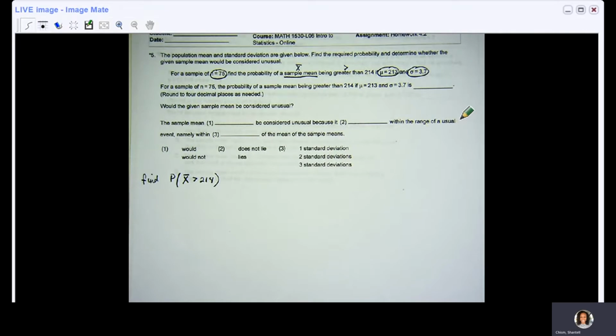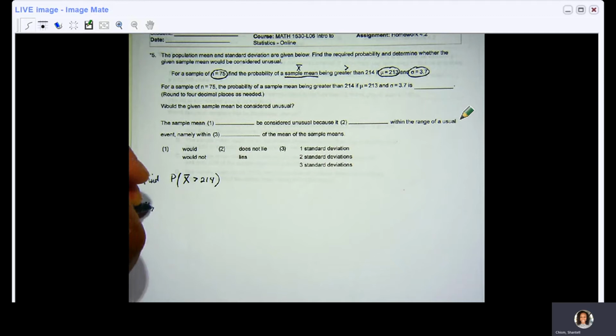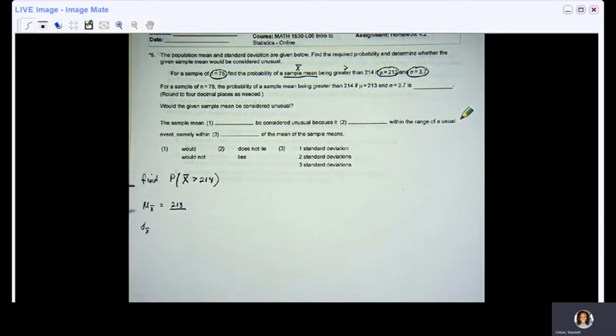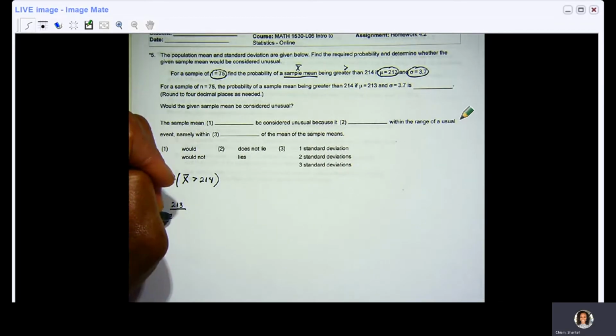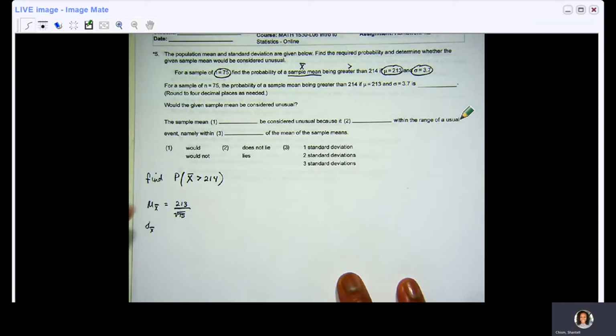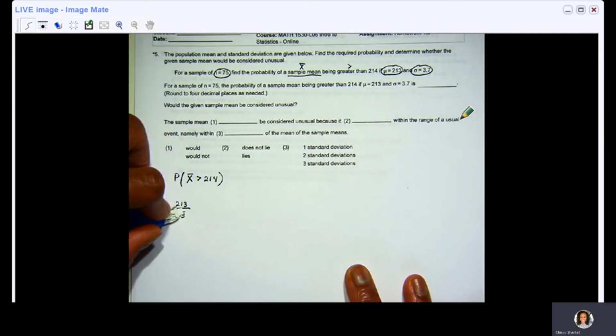All right, so we've got to find our mean mu for x bar and our sigma for x bar. So our mean mu is 213 divided by the square root of n, which is the square root of 75. I'm sorry, I'm totally wrong. That's the deviation. I'm jumping ahead.